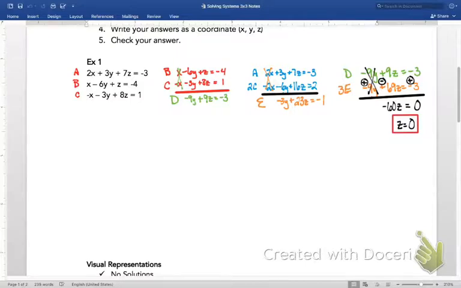Once I get one value, now all I'm going to do is plug in z equal to 0 to either equation D or E. It doesn't matter to me which one you do, but it's going to go either into the orange one or into the green one.